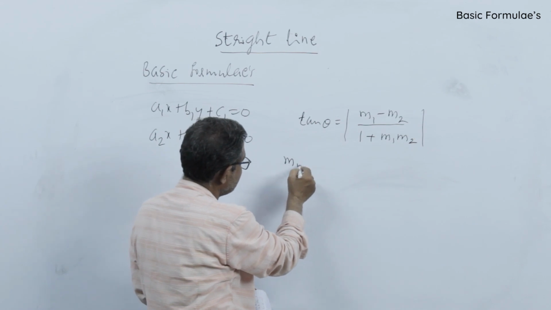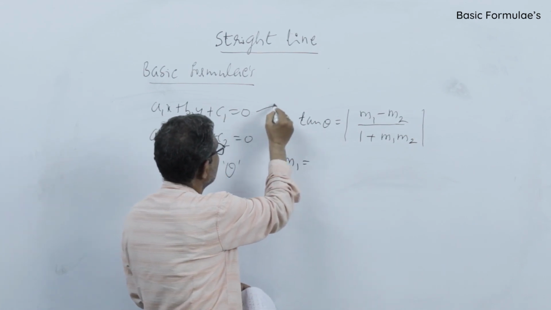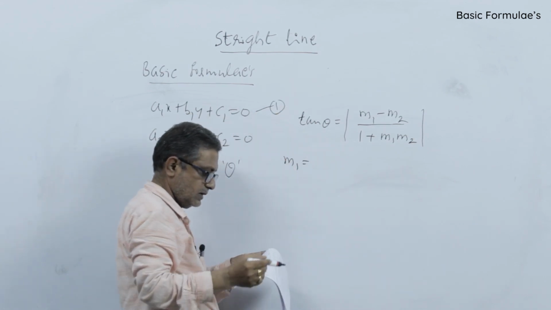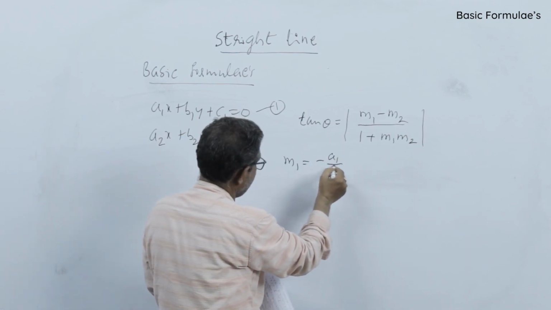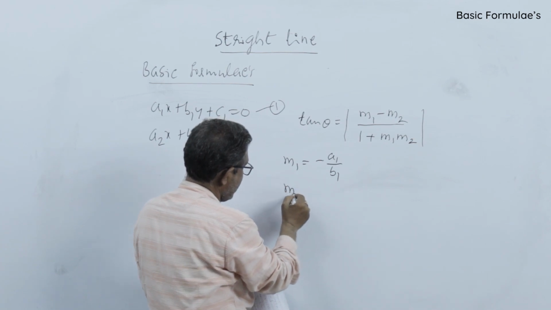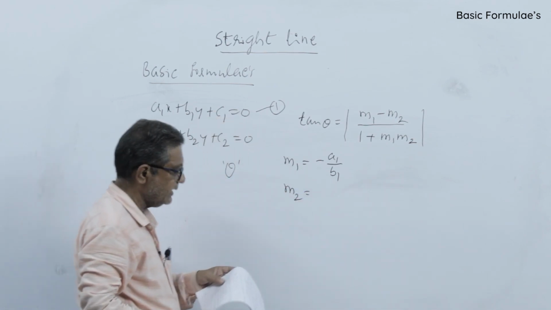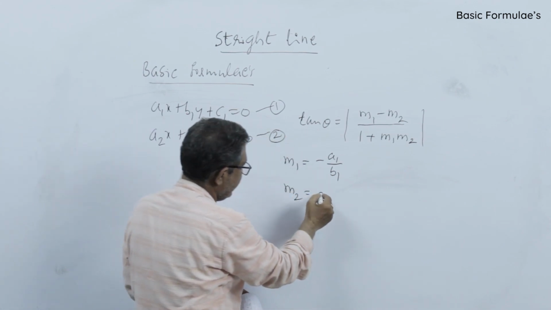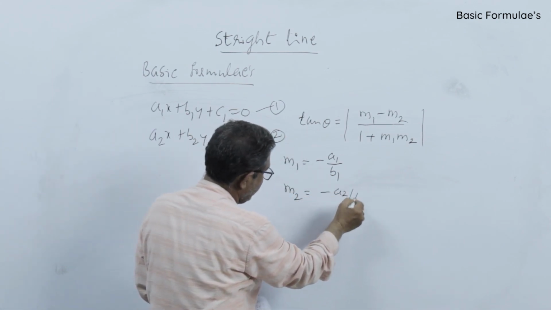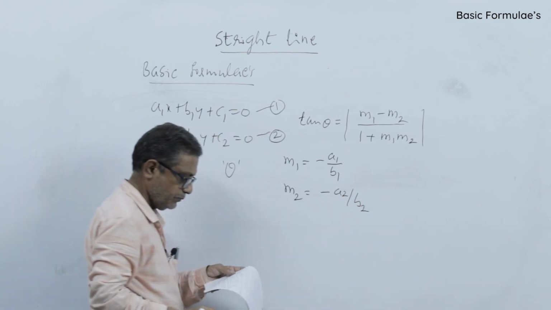m1 is the slope of the first line, minus a1 by b1. m2 is the slope of the second line, minus a2 by b2.